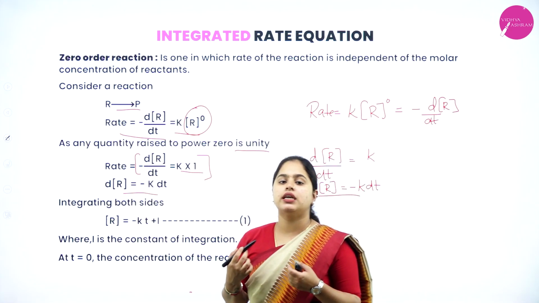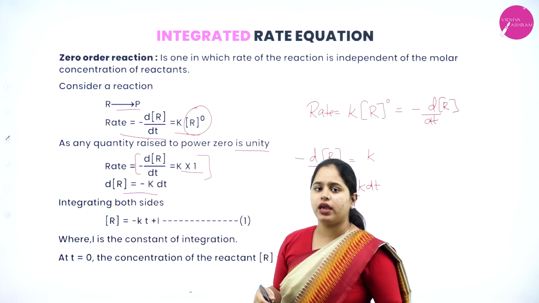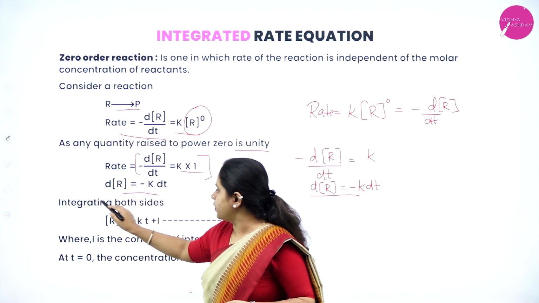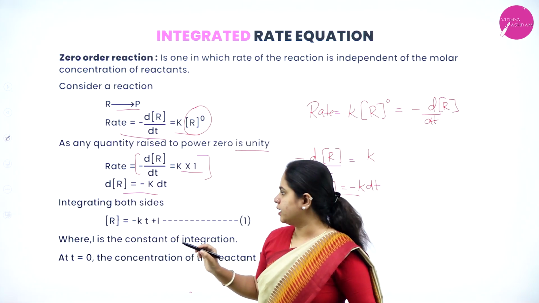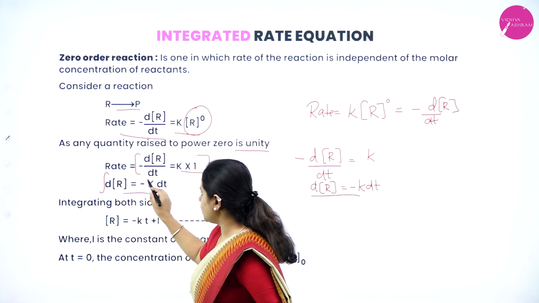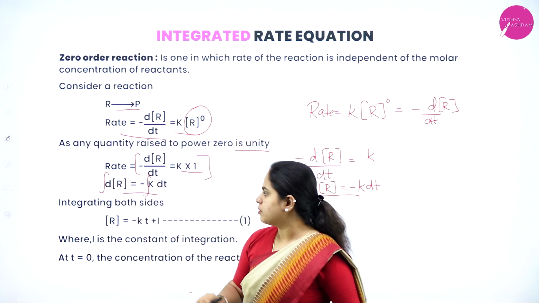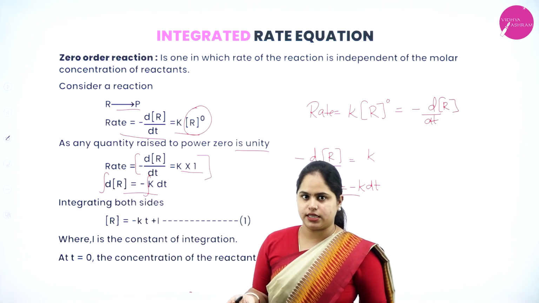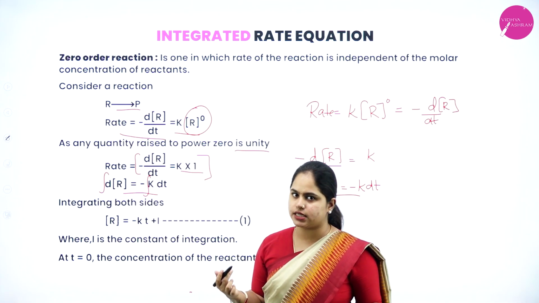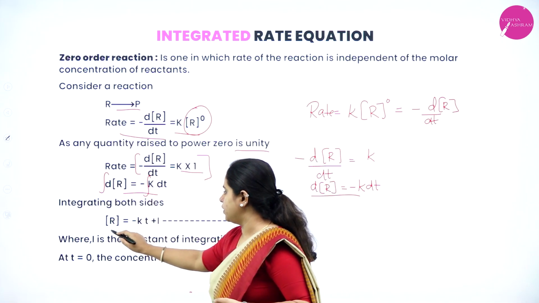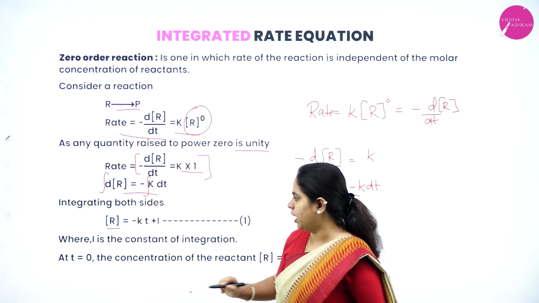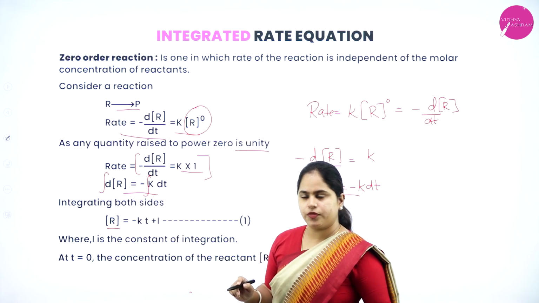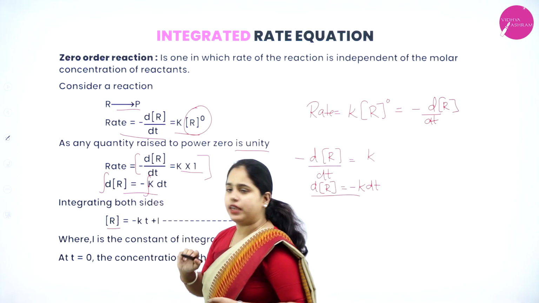Now we are going to integrate it on both sides. After integrating, the integral of dR is R itself, just as the integral of dx is x itself. So the integral of dR will be the concentration of R, which will be equal to minus K times the integral of dt.